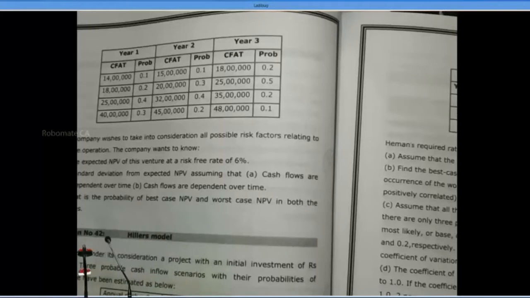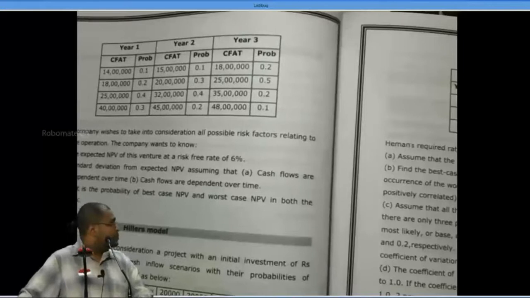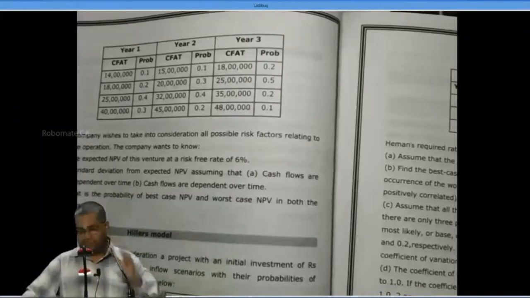The output is not right, the TV screen output is not right. Shall I start or not?